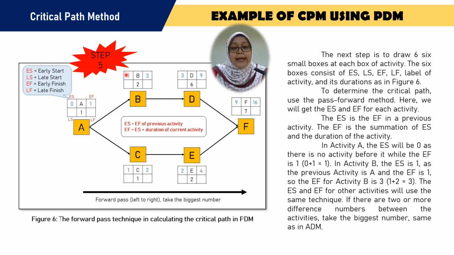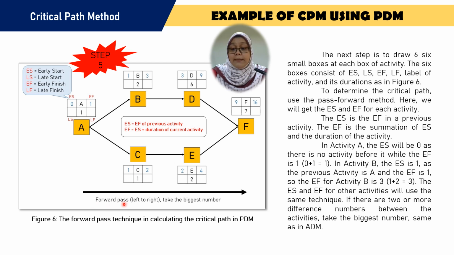So we get EF is 1. For activity B, the ES is the EF of the previous activity, which is 1, and the duration of activity B is 2. We add 1 plus 2, and we get the early finish for activity B. And we will continue this until activity F.